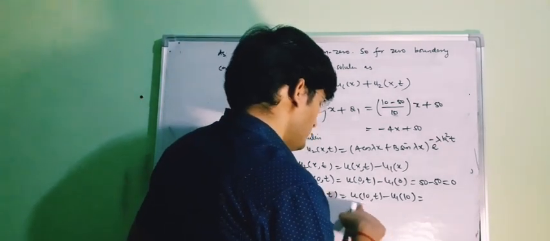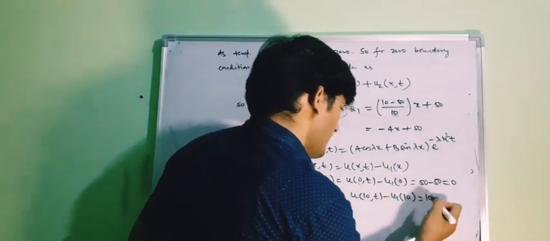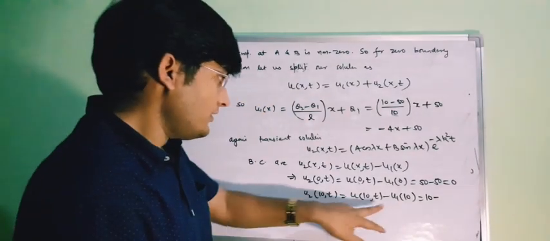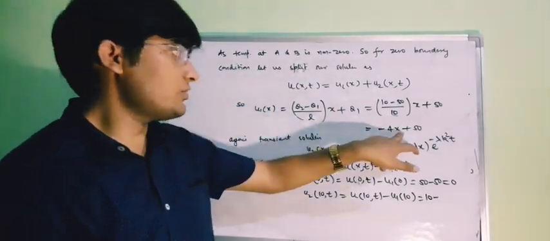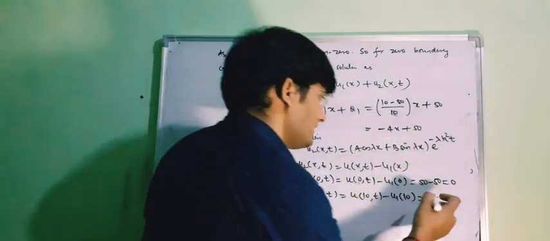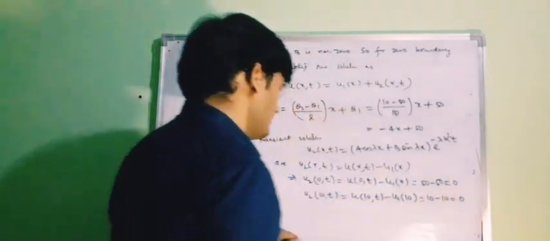The temperature at B was 10, so this will be 10 minus un(10). Now here you can see that un(10), when x is 10, will be minus 40 plus 50, that means it is again 10, so this is 0.